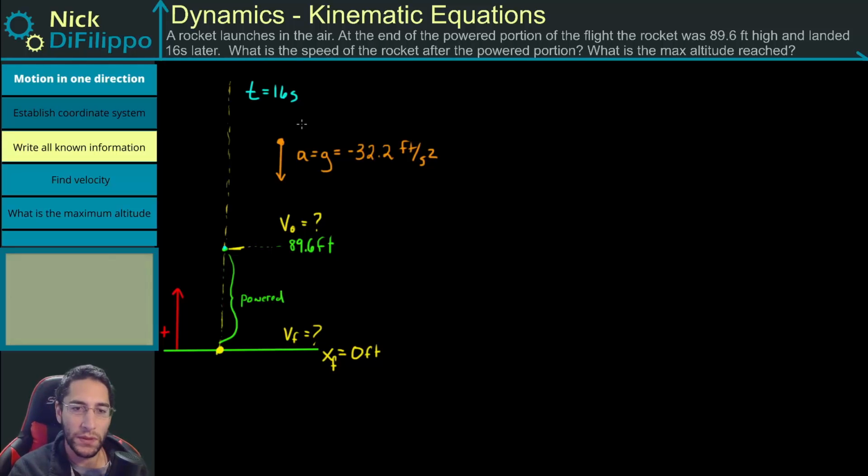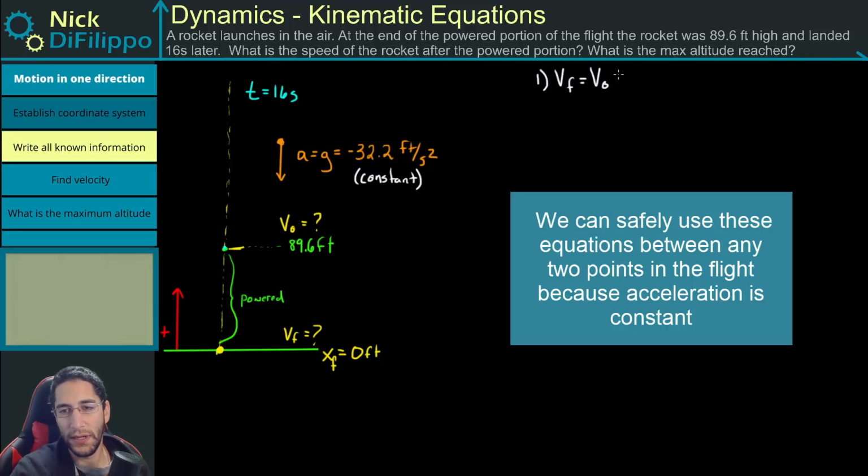Now we have most of our information, and what is key is to realize that after this powered portion of the flight, as we come up and fall back down, gravity is the only acceleration acting on us, and it's a constant acceleration. A constant acceleration allows us to use our kinematic equations. The first one: the final velocity is equal to the initial velocity plus acceleration times time.